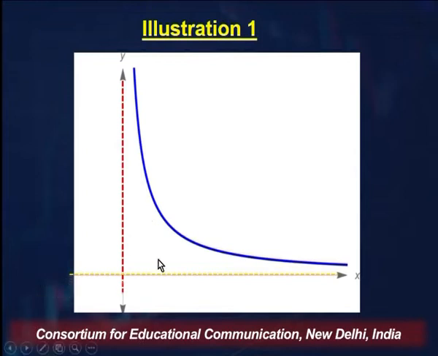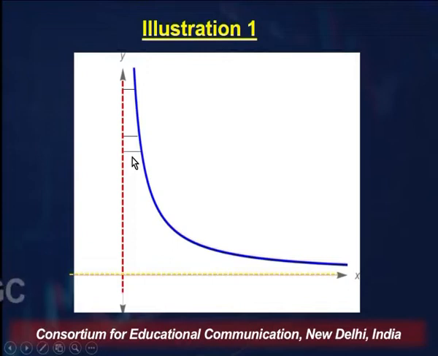So basically this means that because I'm talking of the y-axis as the vertical asymptote, if I move vertically along this graph, then look here, the distance between the curve in blue and the red line becomes smaller and smaller.